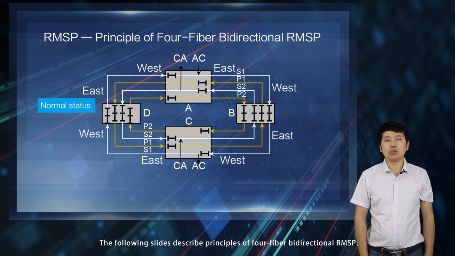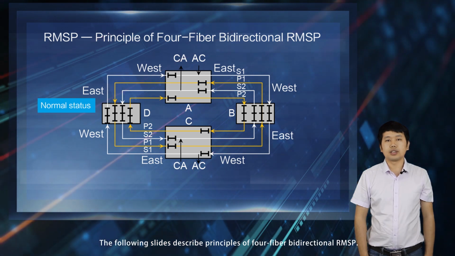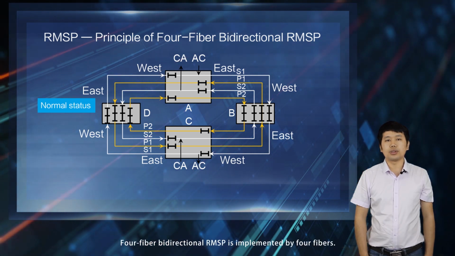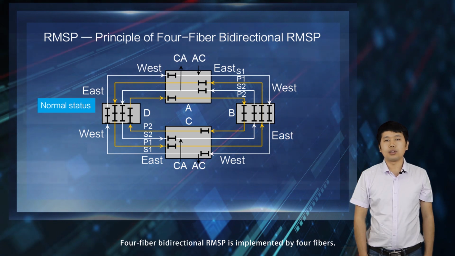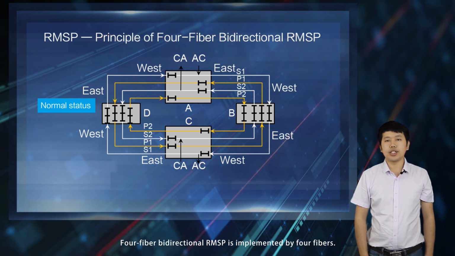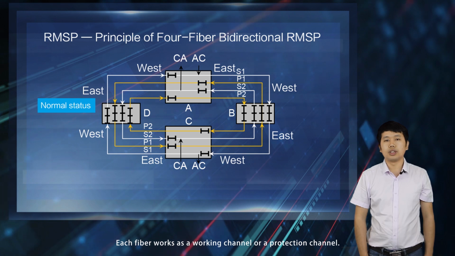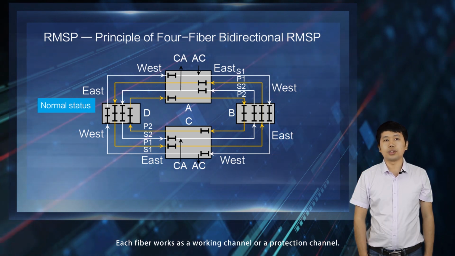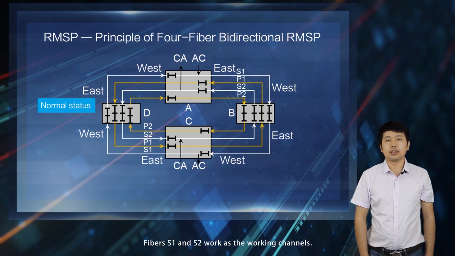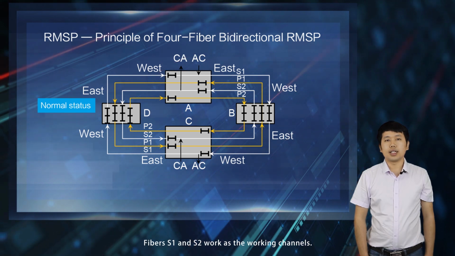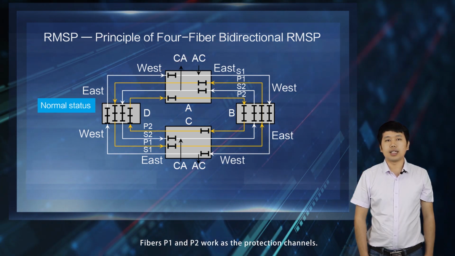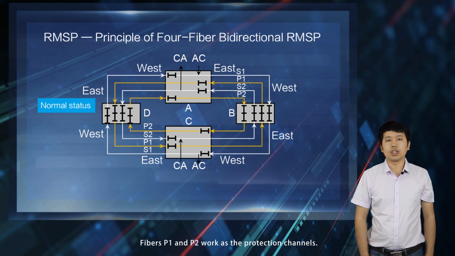The following slides describe principles of four-fiber bidirectional RMSP. Four-fiber bidirectional RMSP is implemented by four fibers. Each fiber works as a working channel or a protection channel. Fibers S1 and S2 work as the working channels. Fibers P1 and P2 work as the protection channels.